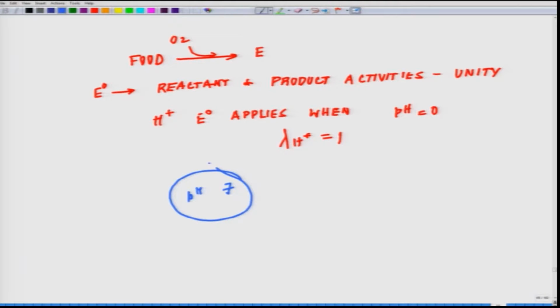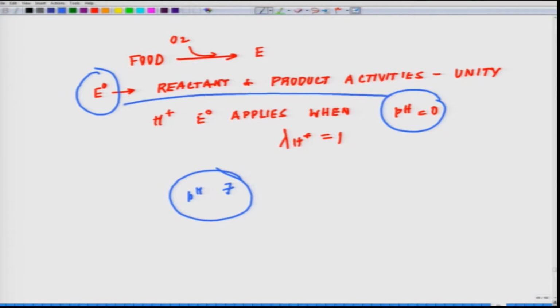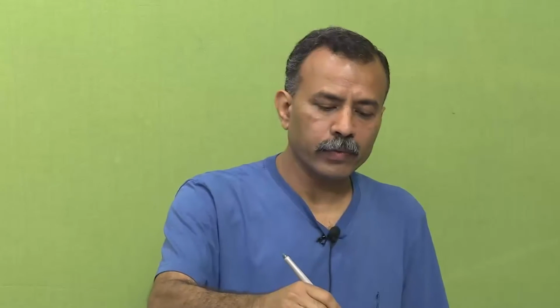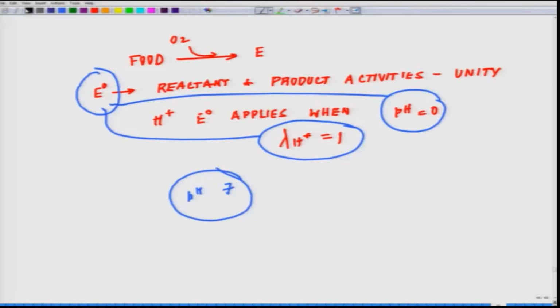So, our basic premise of using E0 was at pH 0, where everything was unity, which is perfectly fine, but we cannot directly transfer it to biological systems, because we are dealing with a pH 7 situation. That is where we will be proceeding further.